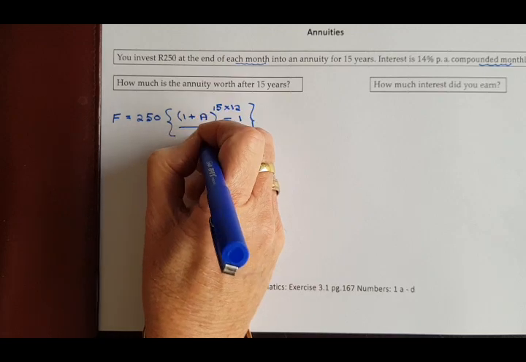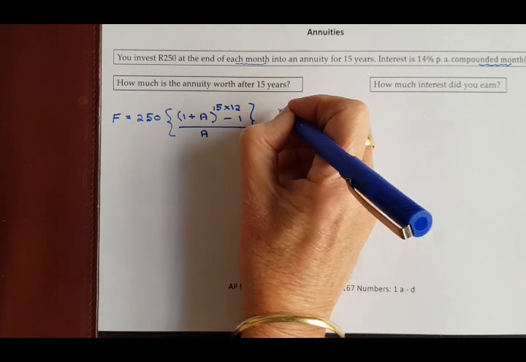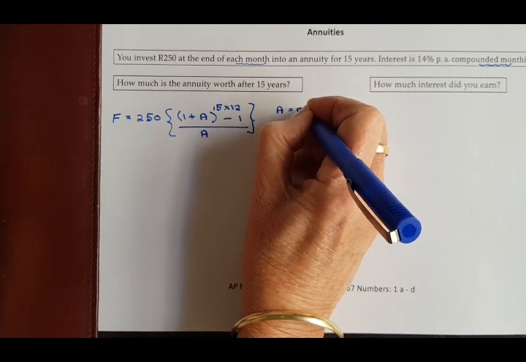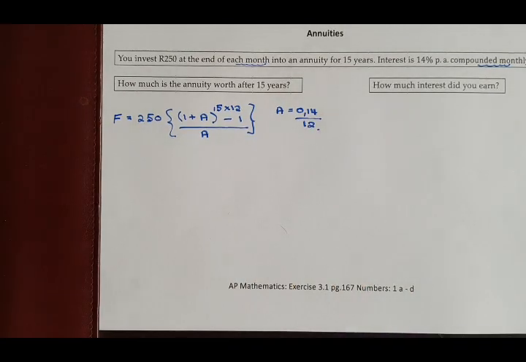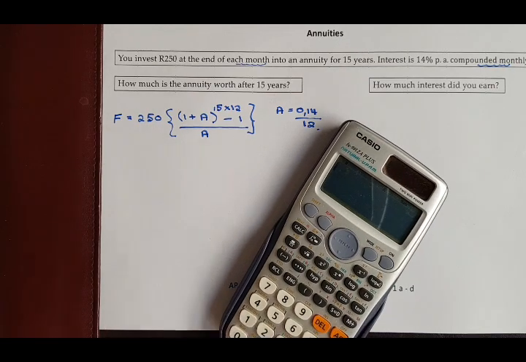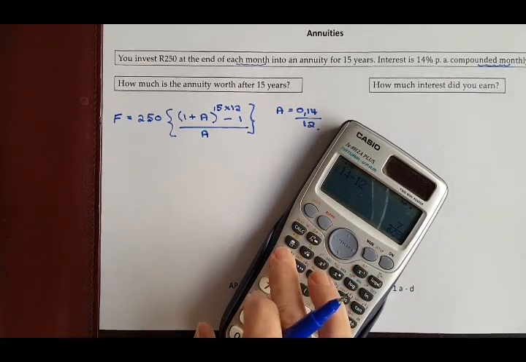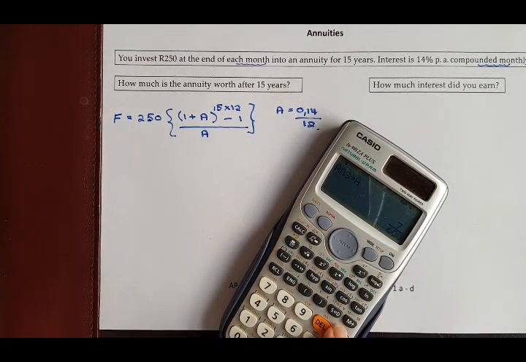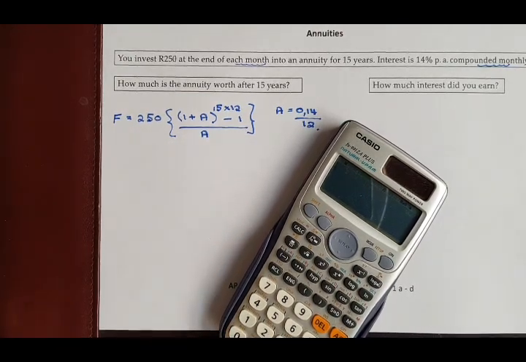And our interest rate I'm going to put in memory A. All right, what is my interest? It is 0.14 divided by 12. That is what I'm storing in memory A. 0.14 divided by 12 equals shift store A. Calculate how much money you have as you make that last deposit of 250 Rand.